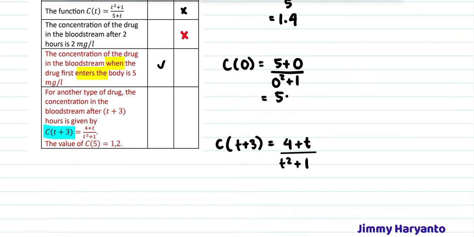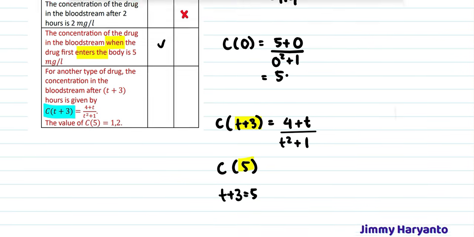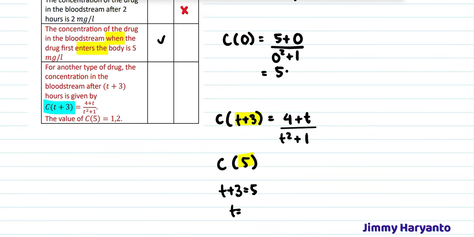To calculate C(5), you cannot just input t equals 5 because we have another function, remember? So we have to find the real value of t first. Because t plus 3 has to equal 5, that means the time itself will be 5 minus 3 equals 2.